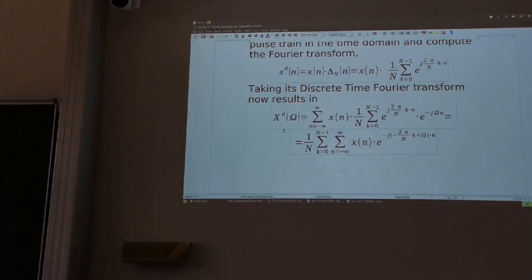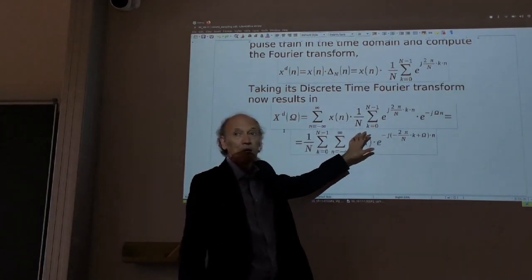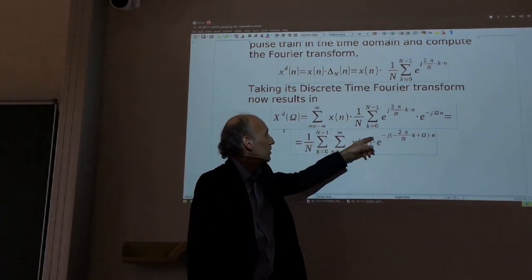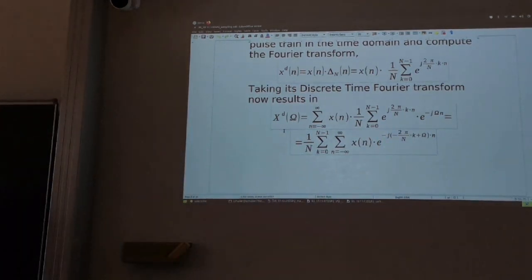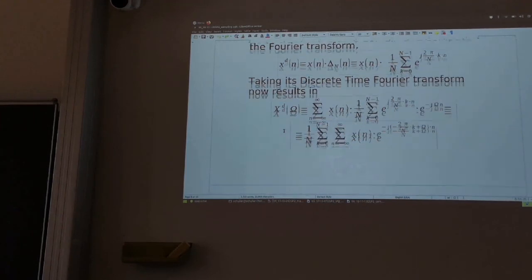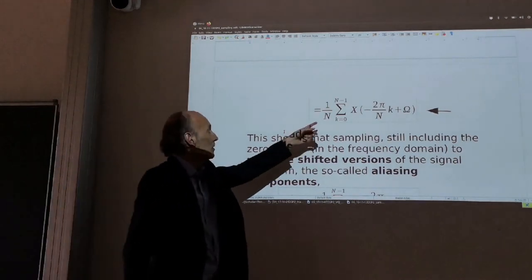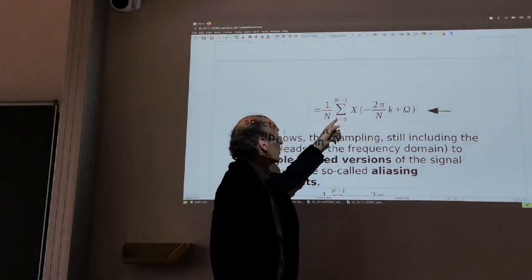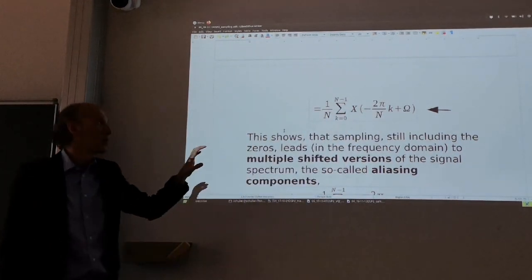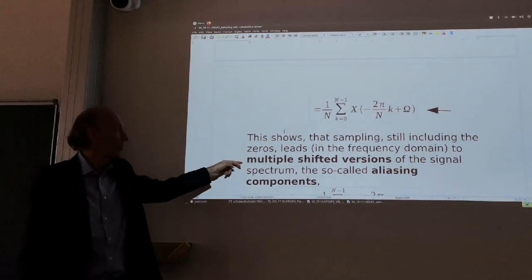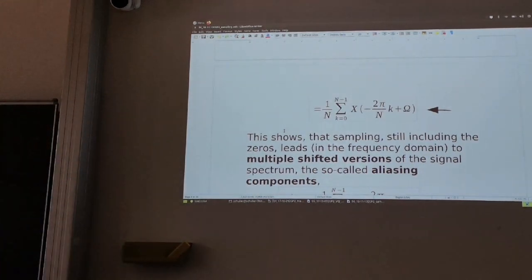So for k equals 0, we have the original Fourier transform of your signal x, the unchanged one, but for higher k, you get shifted versions, which now appear in this spectrum. These are spectral copies or alias components. So this is what you get. Here you have the spectrum, and you have multiple spectra which are shifted. You not only have the original, but also multiple shifted versions of the spectrum, so-called alias components.